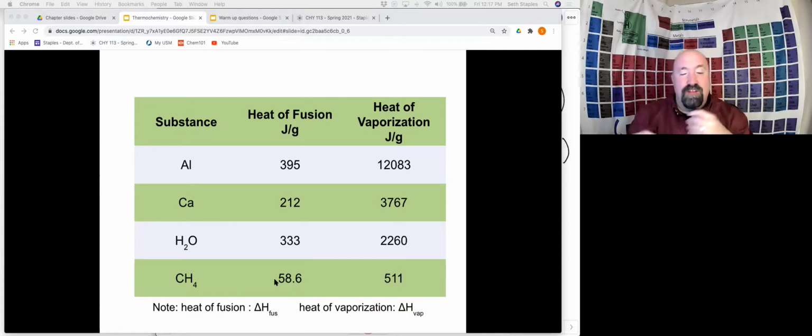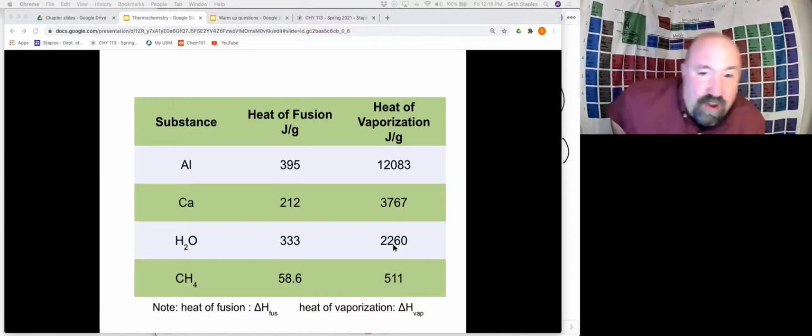One thing to note, and this is something that we'll be returning to much later in the semester, but look at the difference in how much heat it takes to go from a solid to a liquid versus the heat it takes to go from a liquid to a gas. It takes a lot more energy. And this is on a per gram basis.